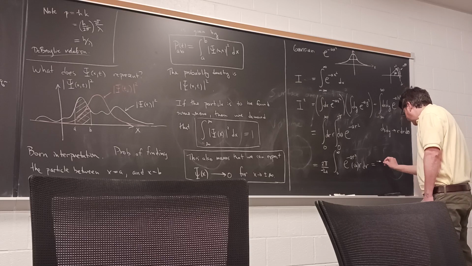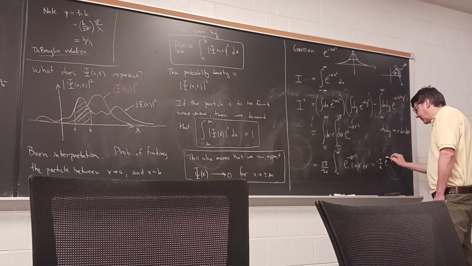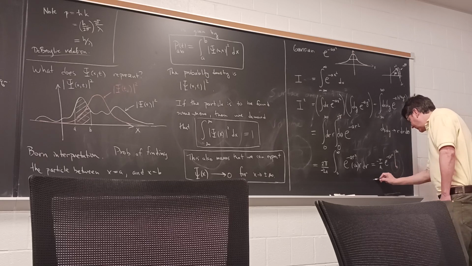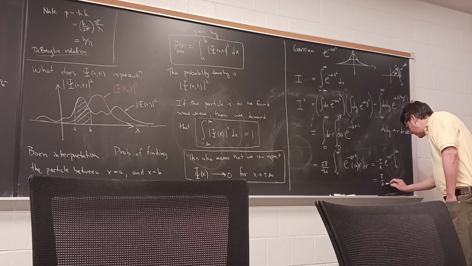So then we have minus pi over a, and then e to the minus a r squared from 0 to infinity. That just gives us a minus 1, so we have pi over a.